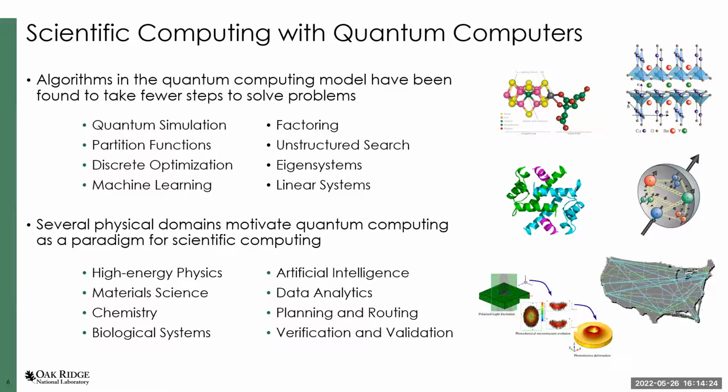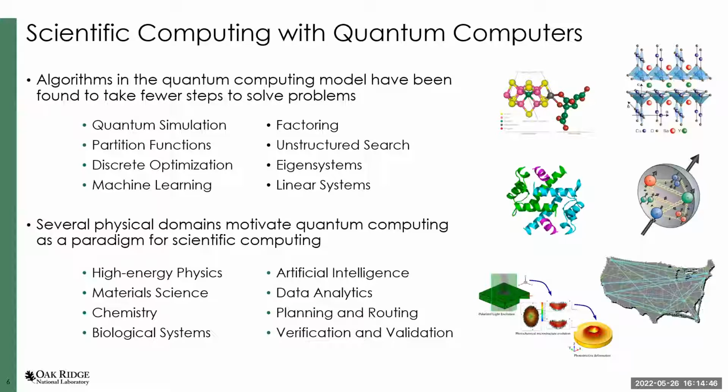There are other areas too, of course: artificial intelligence, data analytics, operations and logistics. All of these map back to the quantum algorithms that have been shown, at least asymptotically, to have an advantage over their conventional counterparts. So the question is, can we actually demonstrate that advantage in a real application?